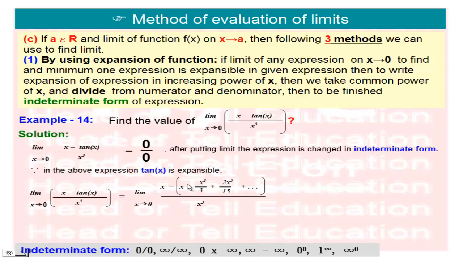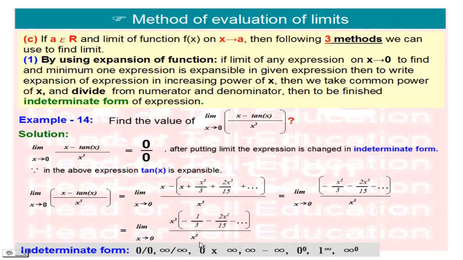Now cancel the x, and the next step is minus x to the power 3 by 3 minus 2x to the power 5 by 15 minus so on, divided by x cube. Next we take x cube common from the upper side, and the next step is minus 1 upon 3 minus 2 into x square divided by 15 and so on.